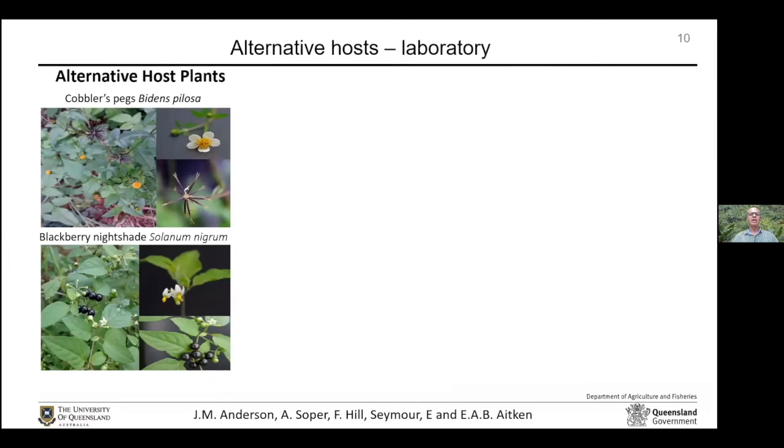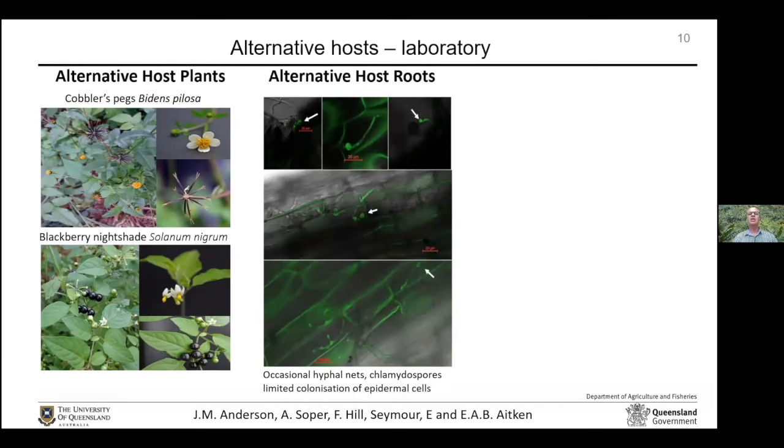Moving further into understanding what's going on, Elizabeth Aiken in her lab with Jay Anderson studied 2 species in particular, cobbler's pea and blackberry nightshade, to understand how the fungus moves in these alternative hosts. They used a green fluorescent protein transformed Fusarium subtropical race 4, and found that it formed nets around the roots of those plants.